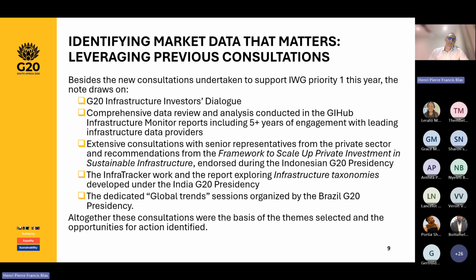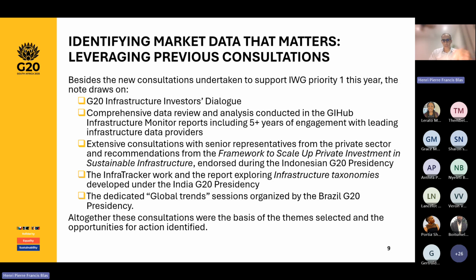So to do this, because obviously, like I said, there's a lot of themes that we could have covered, we started from previous conversations. It's not the first time that we've discussed this at the G20 or with private sector partners. So there's a lot of consultation that happened, and we went back and relooked at all the recommendations, all the gaps that were expressed through those various engagements.